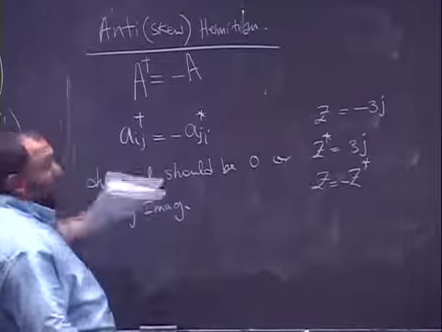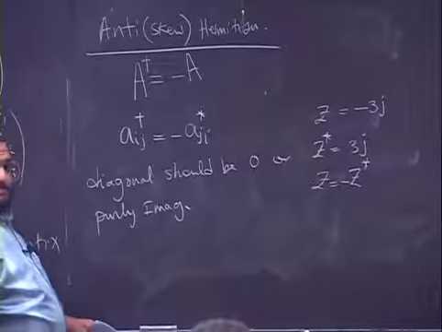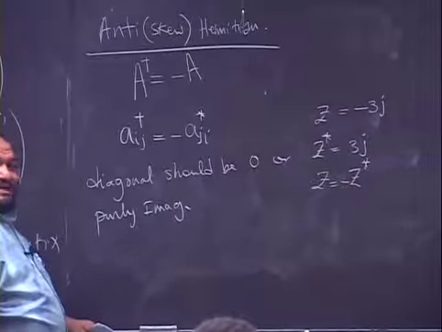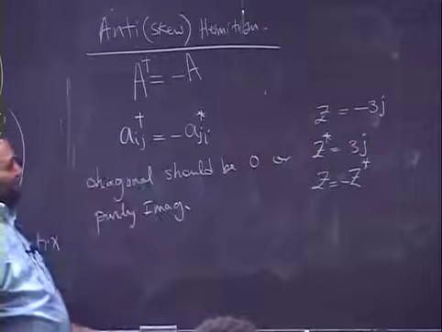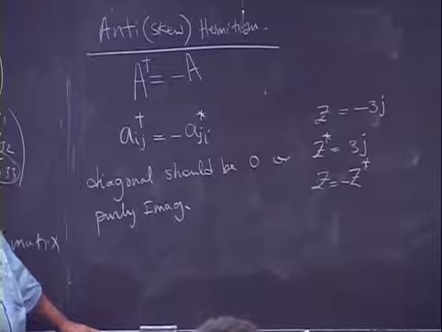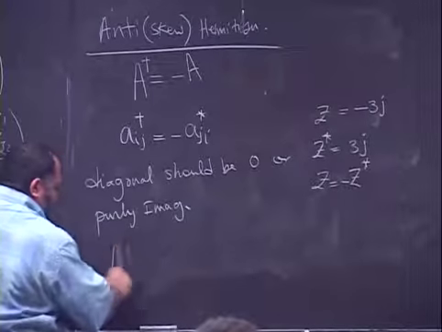And this is a special case of what matrix? The skew symmetric is a special case of the anti-Hermitian. Yes, because the skew symmetric is what?